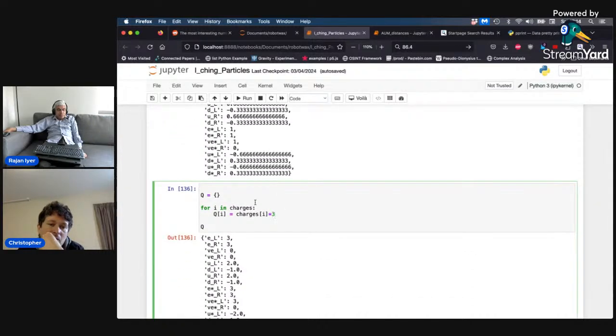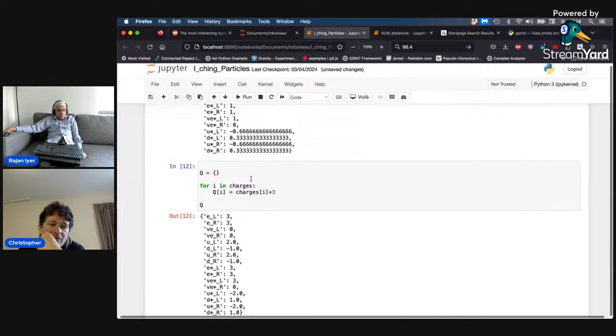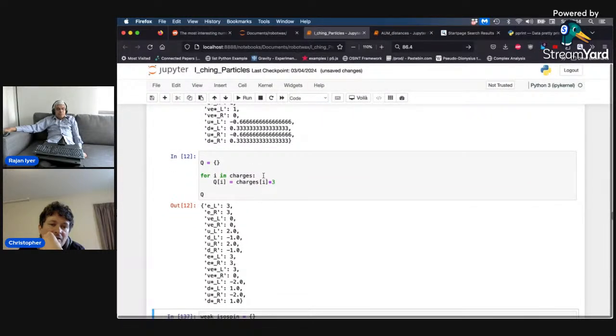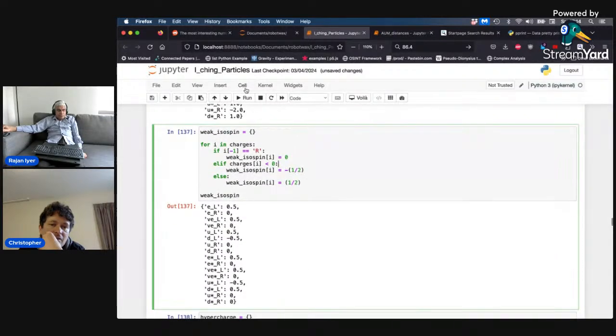Now we have the charges, and this value, I believe, is used in the creation of the hypercharges. This is just the charges multiplied by 3, which is what I was saying, so we get rid of the fractional charges. Then we move on to weak isospin, which is used in the production of hypercharges.